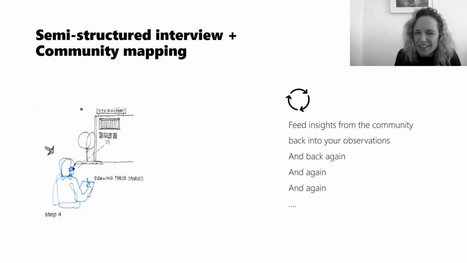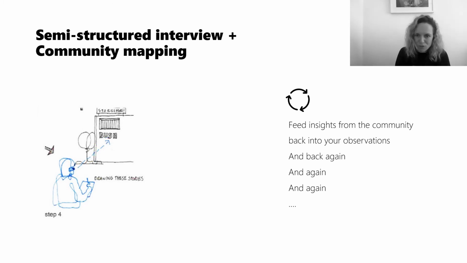What's a tricky thing in this course is that we don't have a lot of time. So in an ideal world, we are immersing in community, we are listening, we're observing, we're mapping, and then we're coming back again. We're using the map to direct what we observe. And then we feed our observations and our discussions back again to community members.